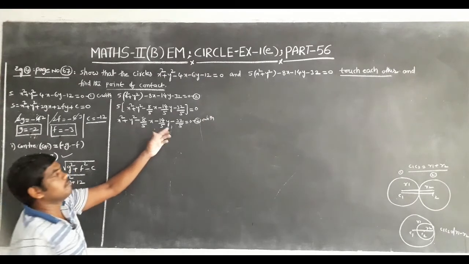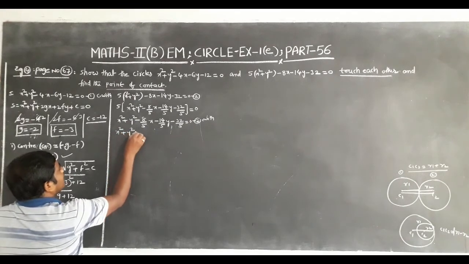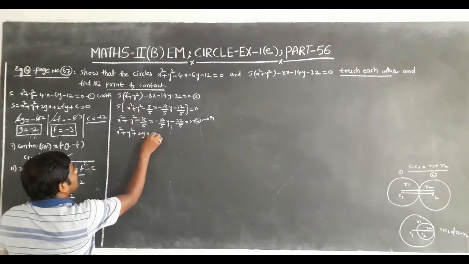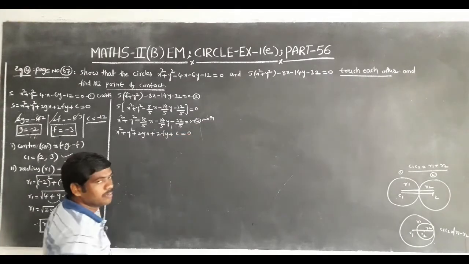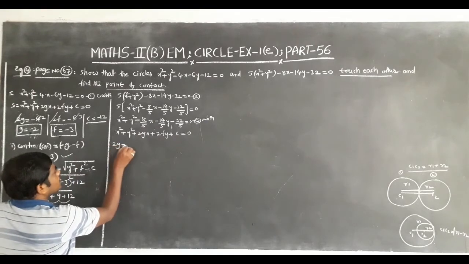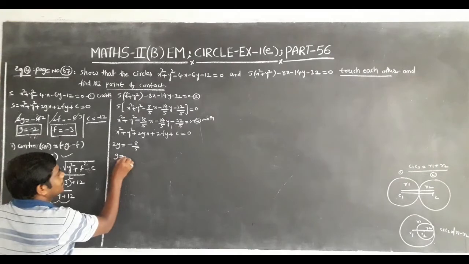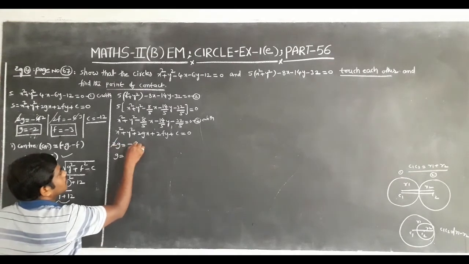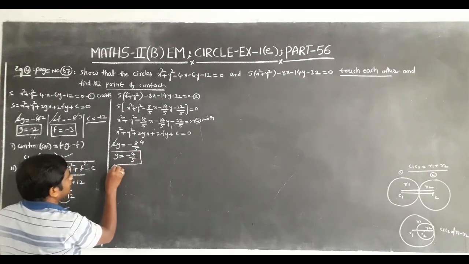Second equation comparing with general equation x square plus y square plus 2gx plus 2fy plus c is equal to 0. Here x coefficient 2g is equal to minus 8 by 5, g is equal to minus 4 by 5.